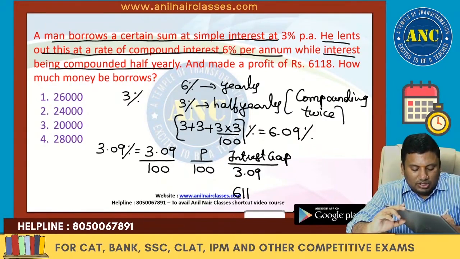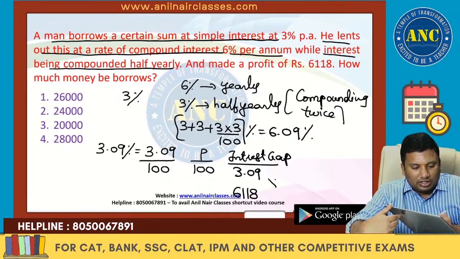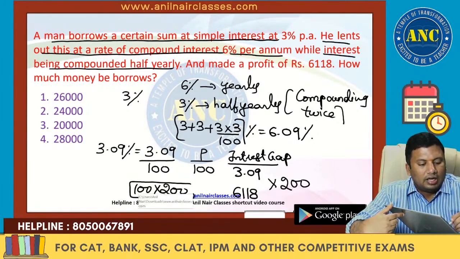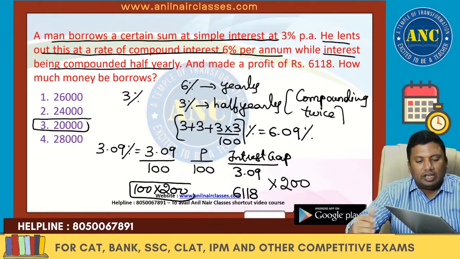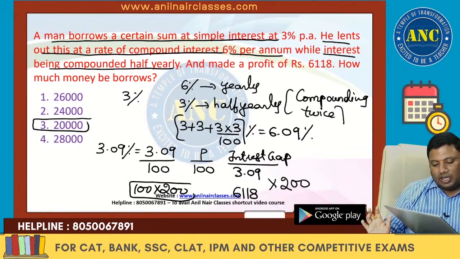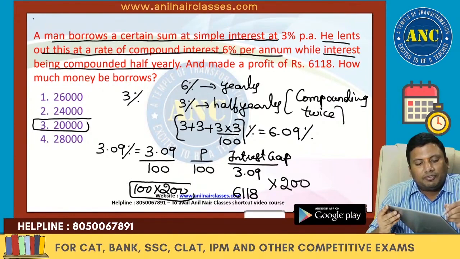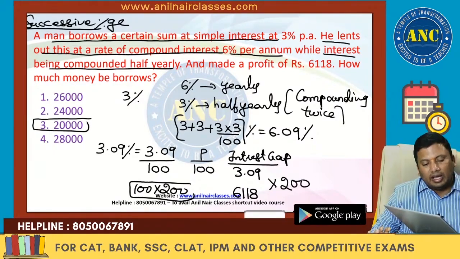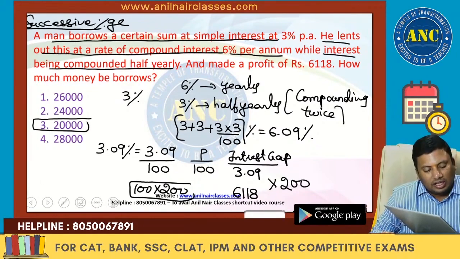But I want 618, so 100 into 200, the answer is 20,000. Just by looking at the question, you will get the answer if you know the application of successive percentage. If you know its importance, you can get the answer very fast. The answer for this question is 20,000.